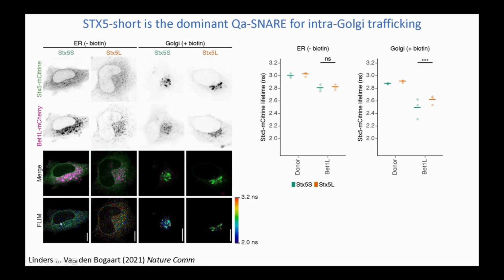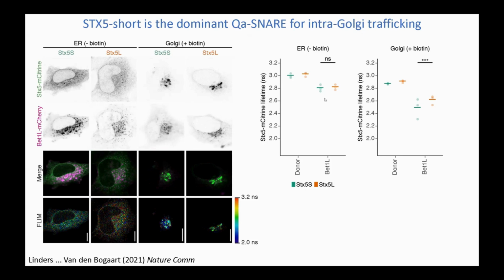You also see the lifetime, which is very long. It's quantified here because they are located in different compartments in the absence of biotin. Now we add biotin, so we chase the syntaxin to the Golgi. Both syntaxin and BET1L are in the Golgi, and we measure the lifetime.